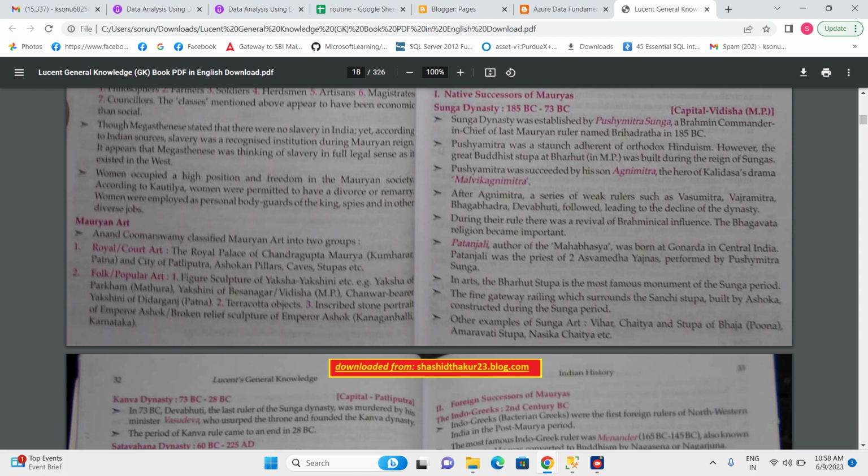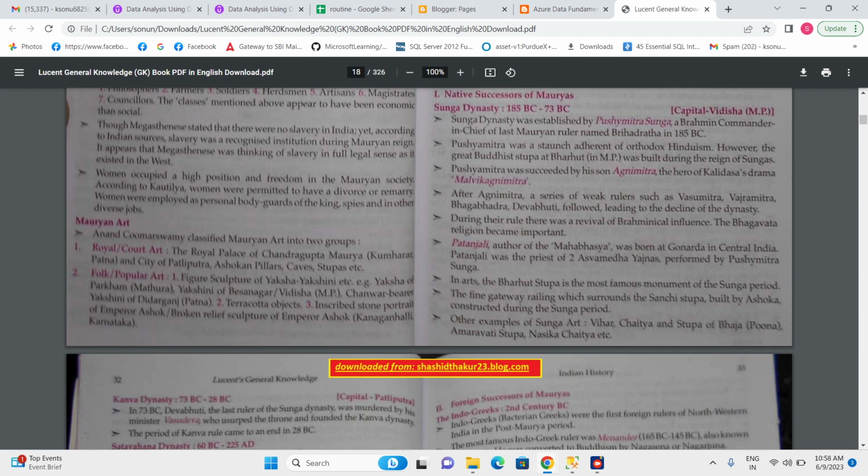Another important point about Hala is that he was a contemporary of the writer Gunadhya, who wrote the Brihat Katha.